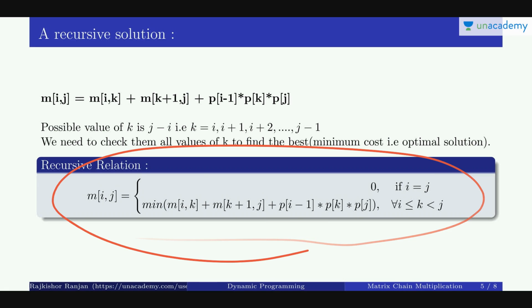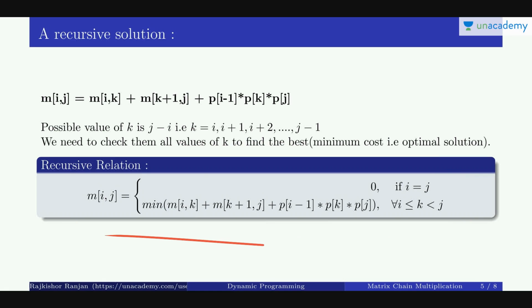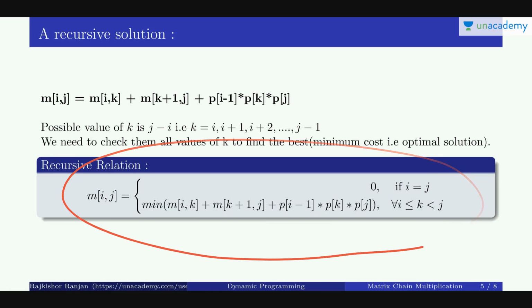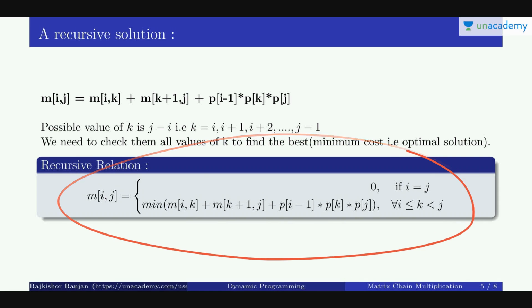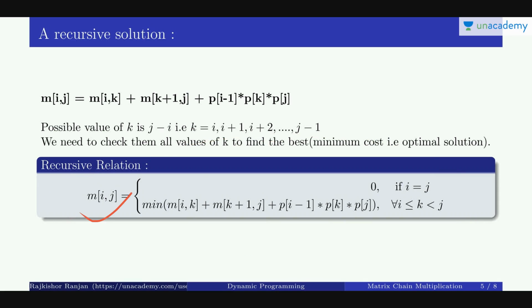How can we think about why these problems require a dynamic programming algorithm? If we simply see this recursive relation, the main problem m(i,j) will break into subproblems m(i,k) and m(k plus 1,j). That means the optimal solution of m(i,j) will depend upon the optimal solution of these subproblems. So these problems contain the property of optimal substructure.